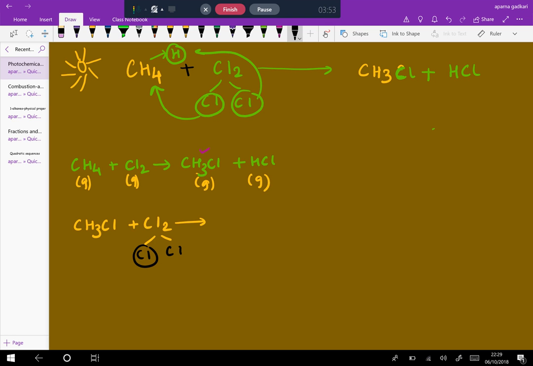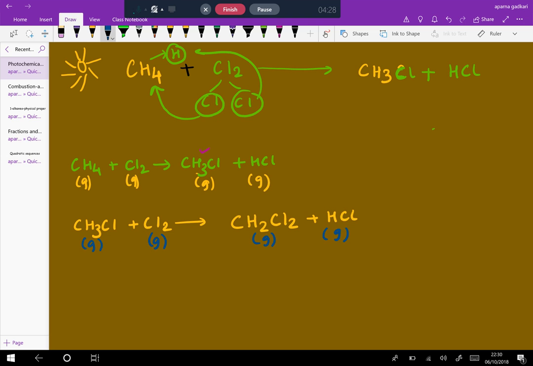One chlorine will go and knock out one hydrogen from CH3Cl, and therefore, instead of CH3Cl, the new product will be one hydrogen less, so it will be CH2, and one chlorine more, so it will be CH2Cl2, and again HCl will be formed. So again I have one more hydrogen getting substituted. Again the states will be gases.